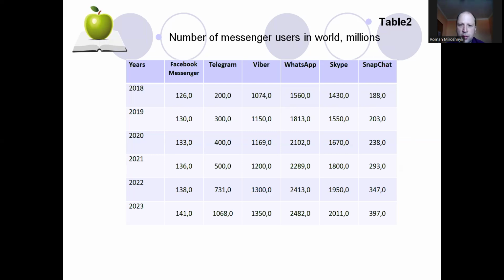The most popular messenger is WhatsApp. In 2023, WhatsApp had 2,040 million users. WhatsApp has been growing steadily since 2018, when it had 105 million users. In second place, Skype and other messengers.